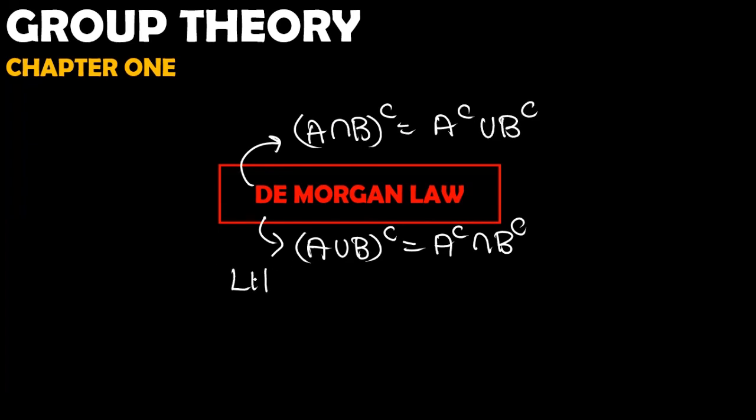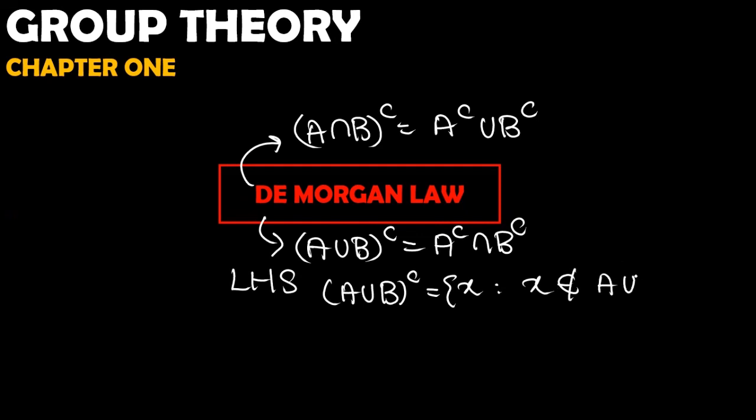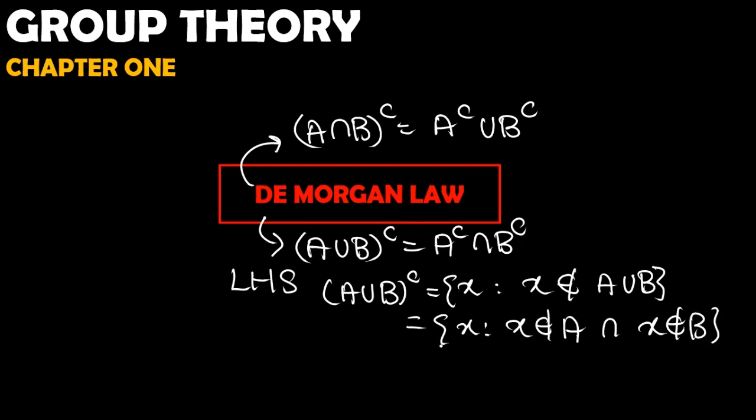If I take the right hand side of it, I can prove this law, and you can similarly prove the other one, right? So if we take the complement of A union B, it means we are talking about X such that X does not belong to A union B, right? X such that X does not belong to A, and X does not belong to B, right?